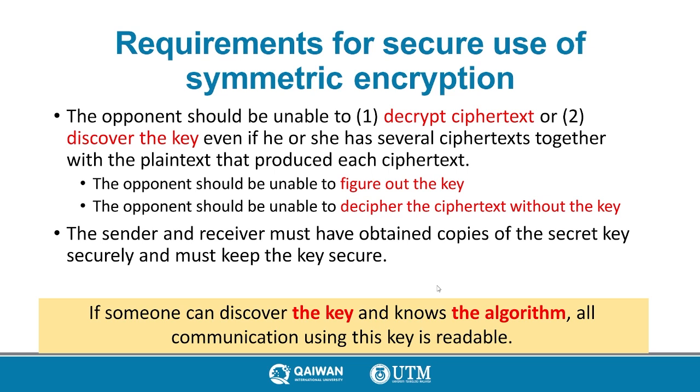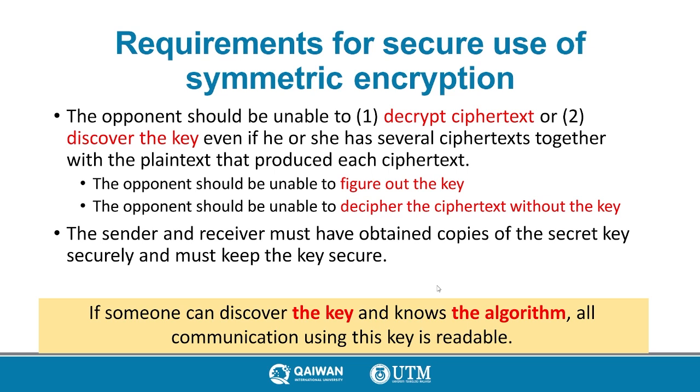If there's someone in between, he or she should not be able to decrypt the ciphertext or discover the key. If they figured out the key or deciphered the ciphertext without the key, that would be a problem for me. It means that my message is out there in the world and anyone can understand it.